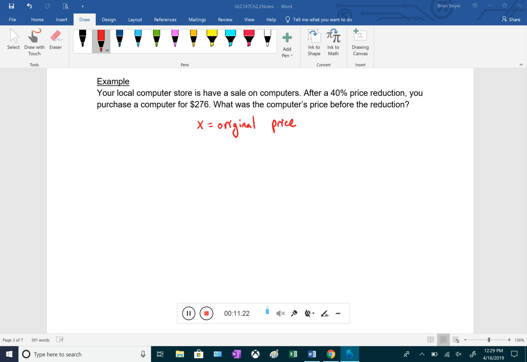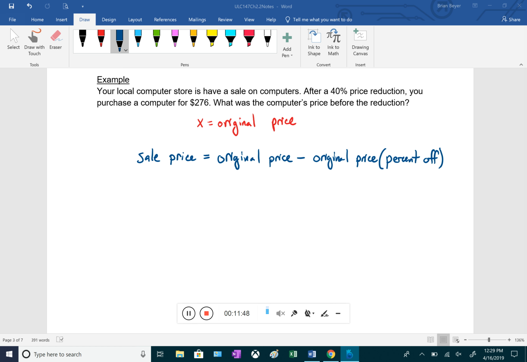So based on the formula we're going to be using, it was the sale price, which is what we got the computer for. It equals the original price minus the original price times the percent off.